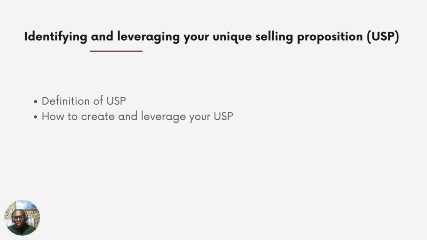Just so that you can have a picture of it, let me give you a few examples of effective USPs. Example one: a home improvement brand offering a lifetime warranty on its products, highlighting durability and customer assurance.